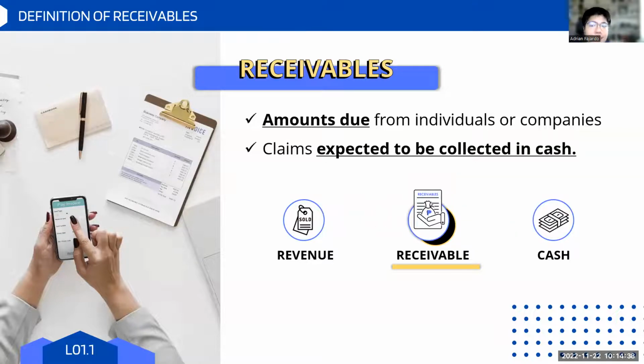In essence, these are claims na you expect to be collected in cash. Usually, when you sell a merchandise, a product, or a service, the end goal mo naman talaga is to receive cash.